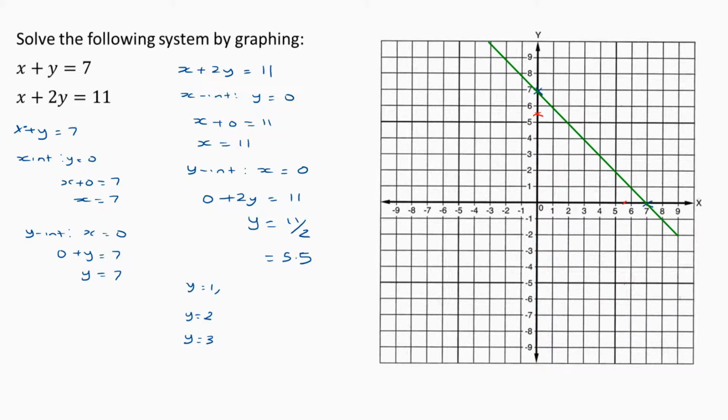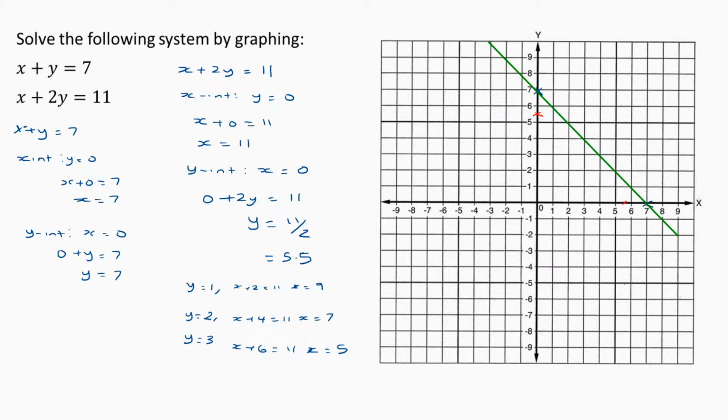Y equal to 1, so we have x plus 2 equal to 11, so x equal to 9. Y equal to 2, x plus 4 equal to 11, so x is 7. Y equal to 3, x plus 6 equal to 11, so x equal to 5.